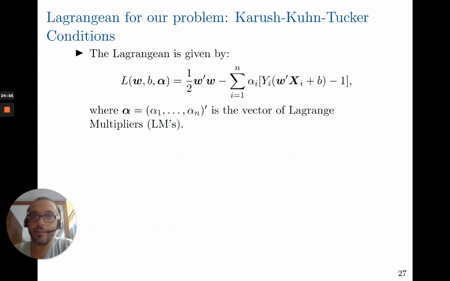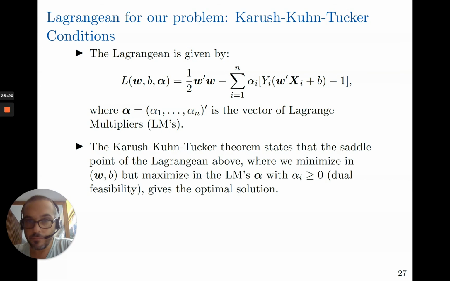Okay, and how can we solve that? Basically we write the Lagrangian. We are going to look at this function L that will be 1/2 w prime w minus the n constraints multiplied by the Lagrange multipliers, defined by the alpha terms.